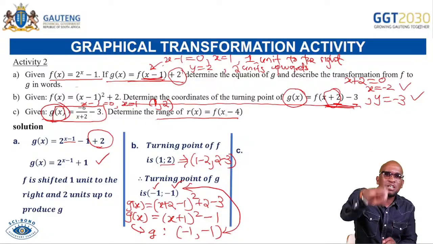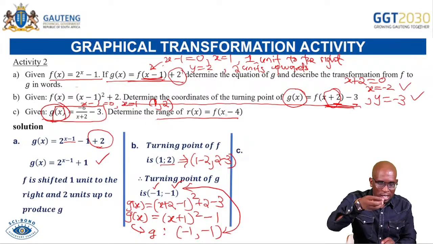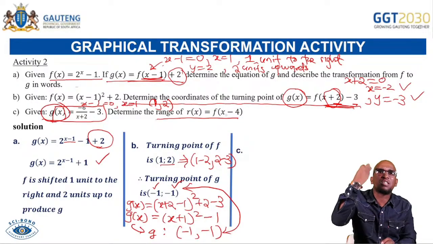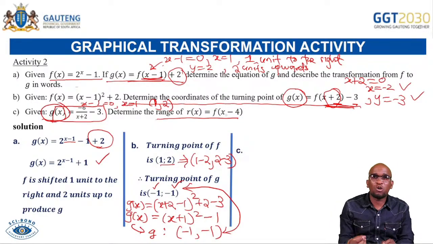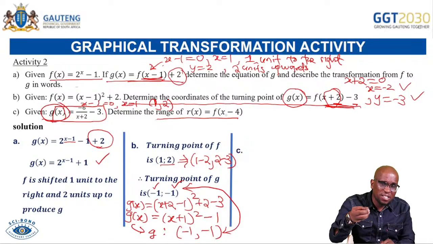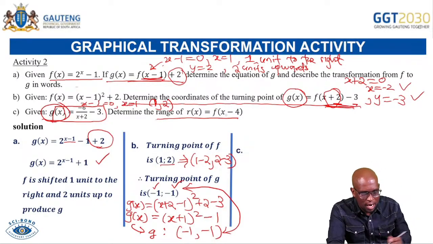We apply the transformation to the range of G to determine the range of R, because G was transformed to form R. Second method, you can actually take the equation, write down the equation of R first, and then determine the range from the equation, right? The one that I adopted here is the latter method.